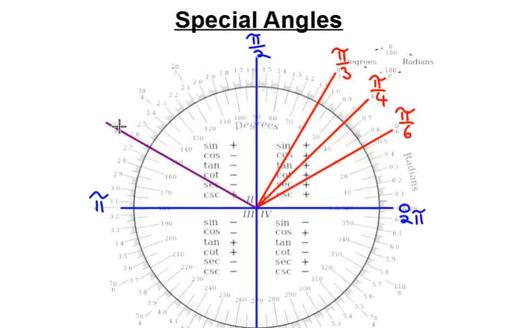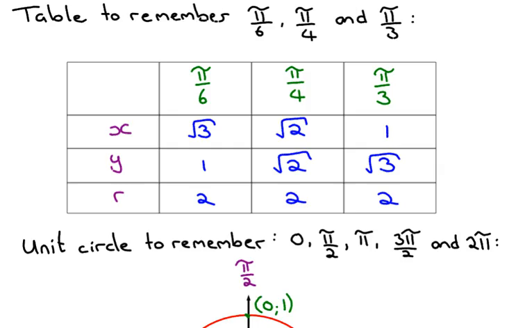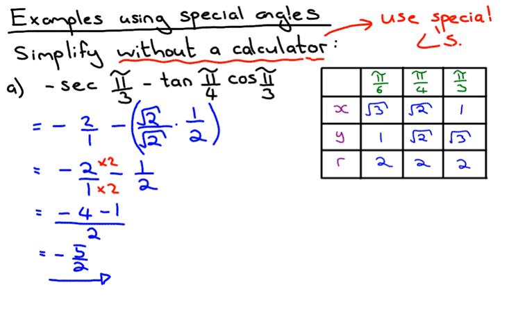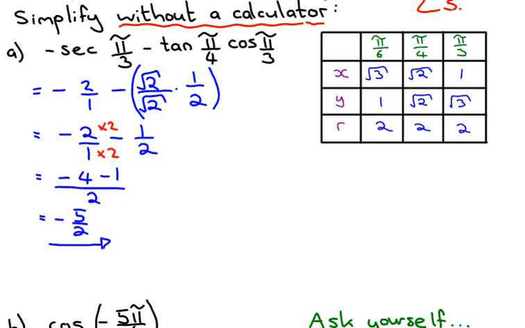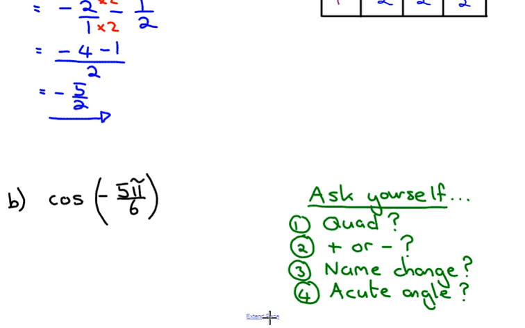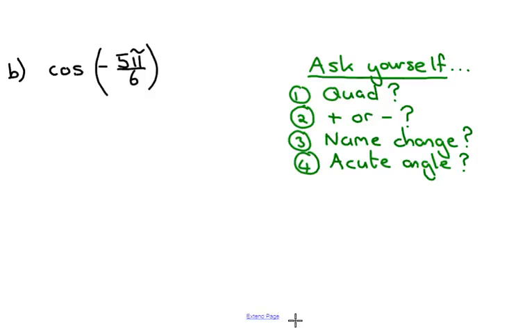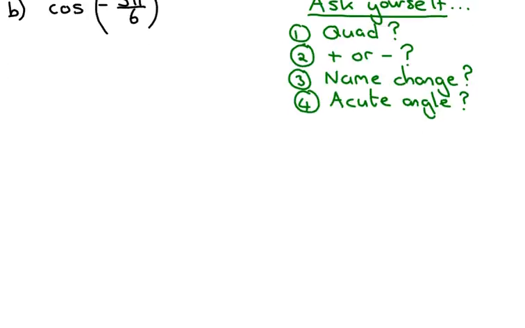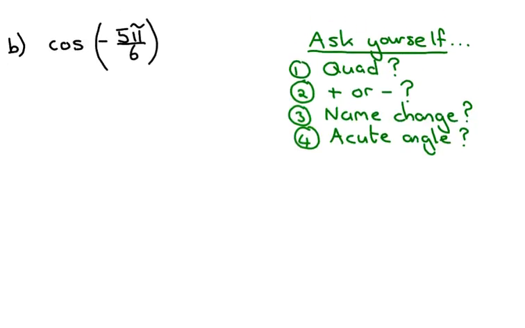So if I've got 5 pi over 6, I know that it's smaller than a whole. 5 over 6, smaller than a whole, so it must be smaller than pi. But it's more than pi over 2. So it must lie in that second quadrant, which is the pi minus quadrant, or the 180 minus is what you're more used to. But I want you to still get a feel now for these radians. So it's the pi minus quadrant. So let's have a look how that plays out.